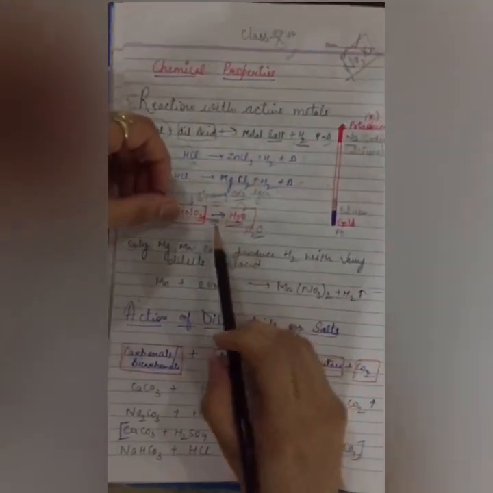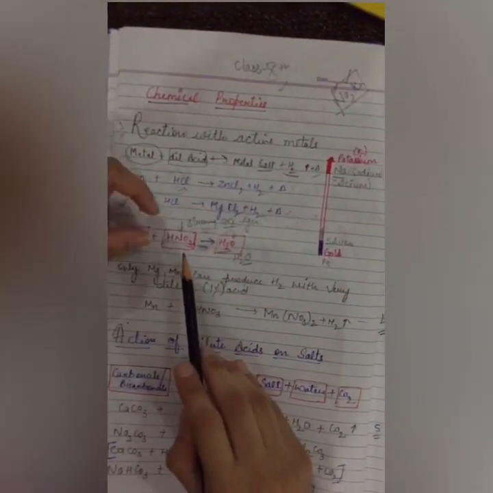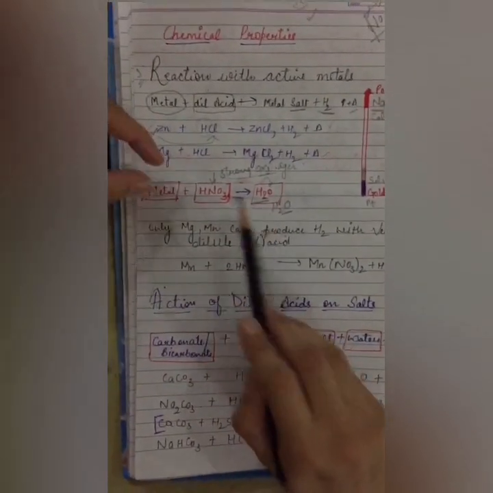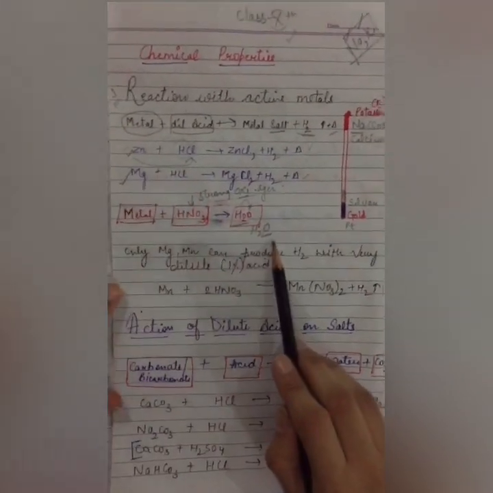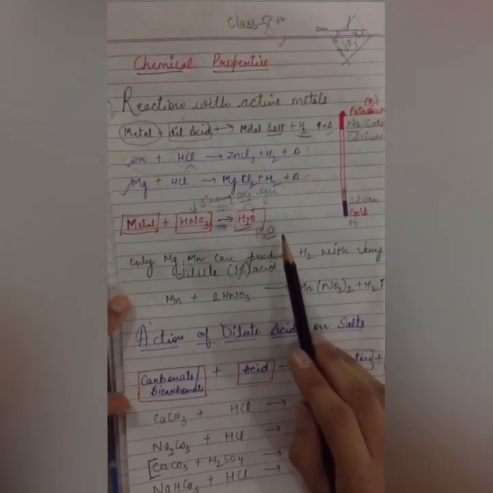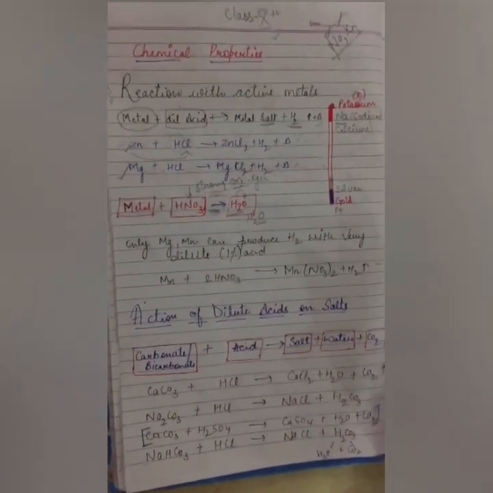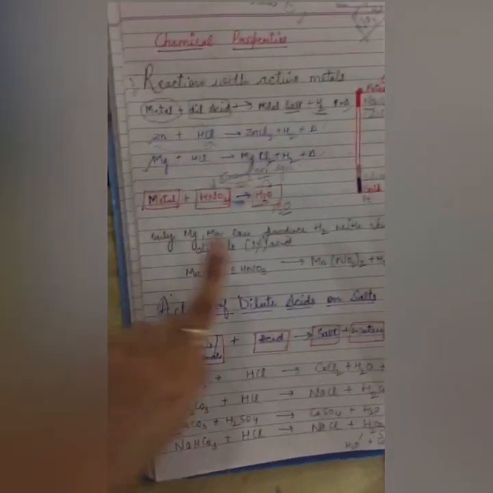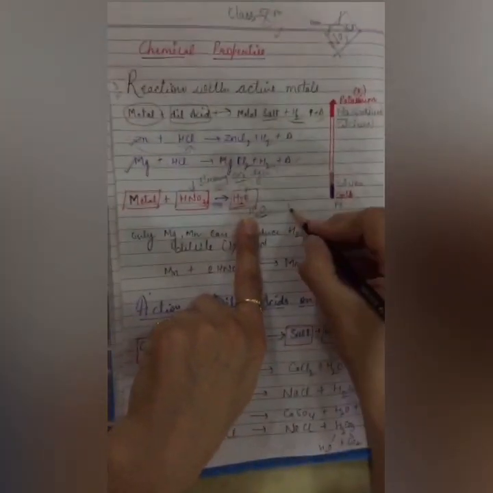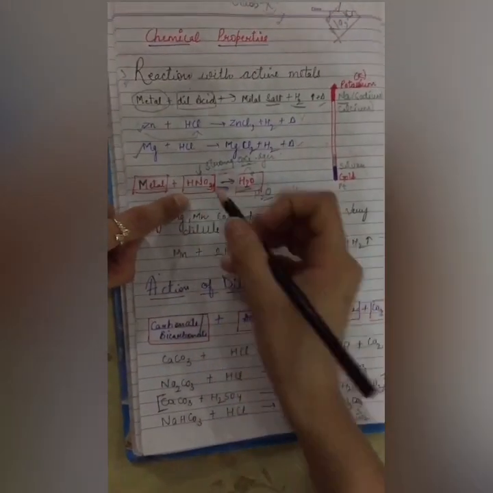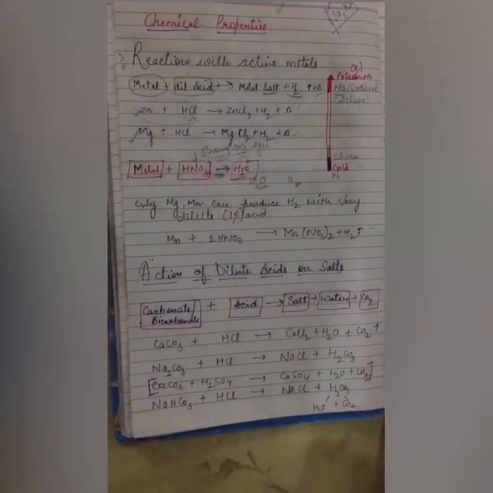That is why we will never use HNO3 with any metal to get hydrogen, because instead of hydrogen we will get H2O. Only magnesium and manganese can produce hydrogen by reacting with HNO3, keeping in mind it should be very dilute.